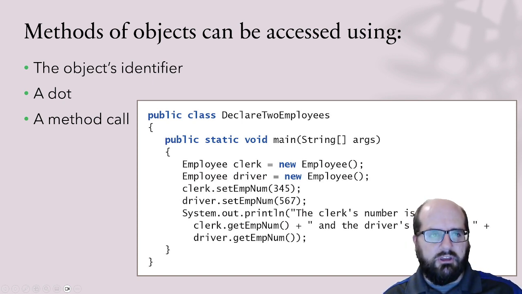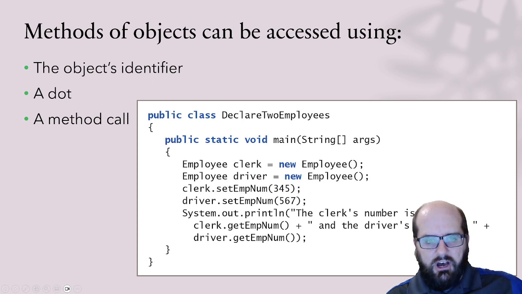Methods of the objects can be used by using the object's identifier, so the actual object name, in this case clerk, the dot, and the method call. In the code we did before, we did a similar thing.